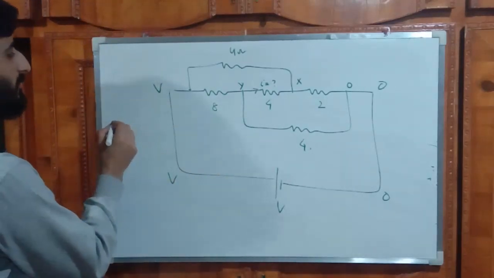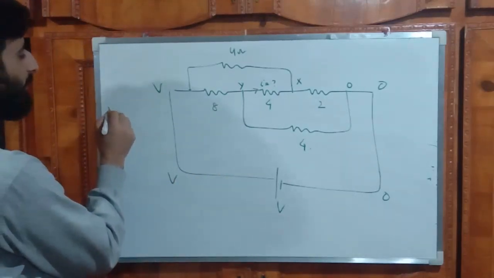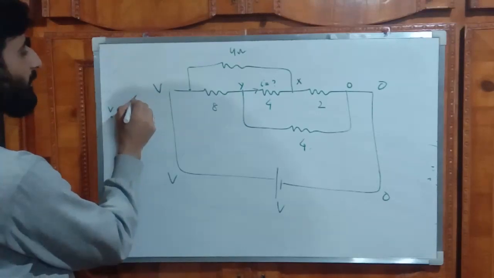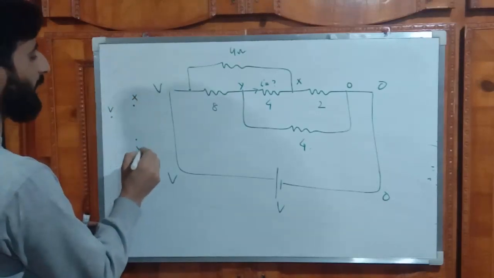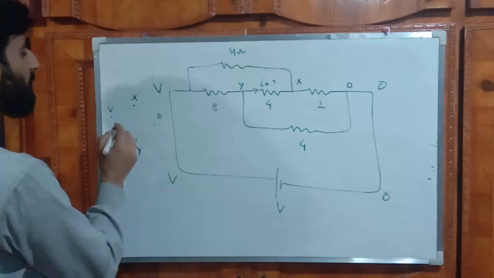So we can redraw it like this. We have V, at the top we can say X, at the bottom Y, and here 0.